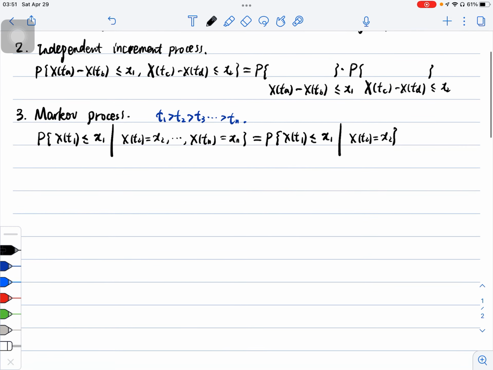Okay, the fourth part, the normal or Gaussian process.